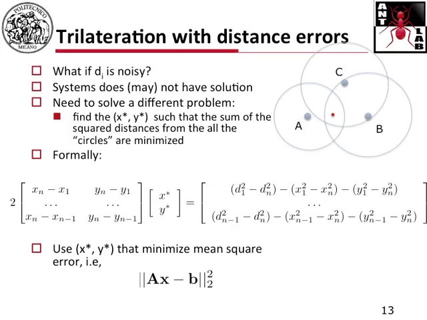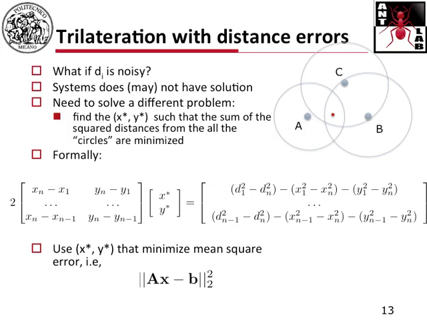Zero, right? So in the ideal case, the distance between the point you're localizing and the circles which are identified by the anchor nodes and the distance measures would be 0.